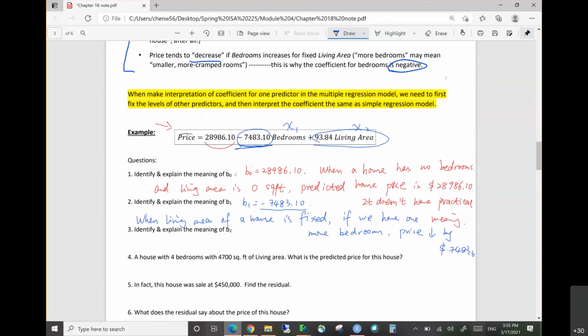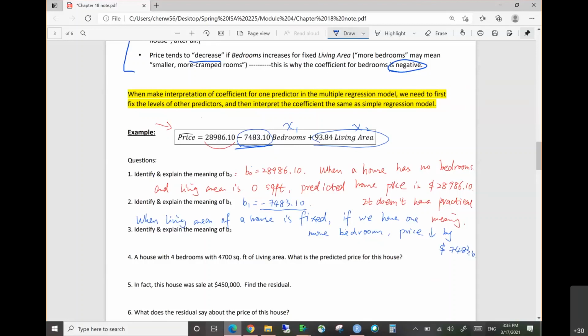All right, now it makes sense, right? So we say when the living area of a house is already fixed, then if we have one more bedroom, the house price will be decreased by this much. Good idea.